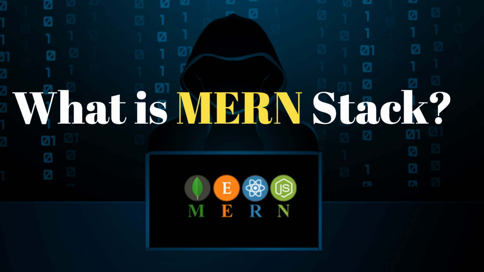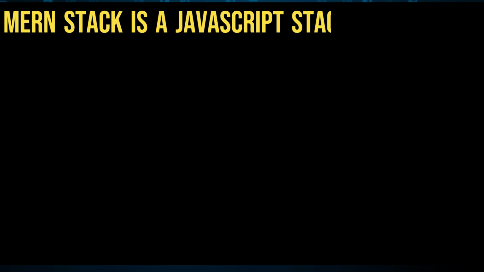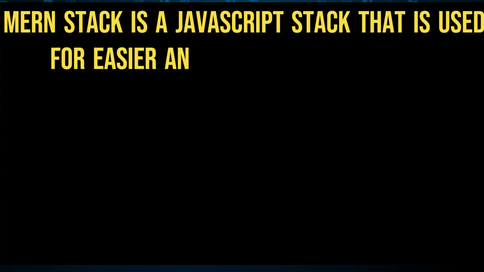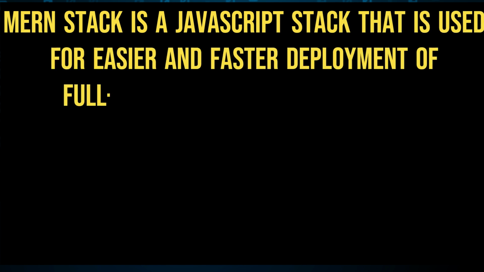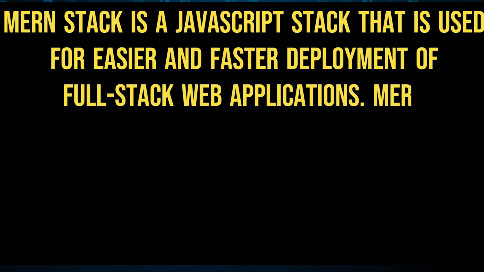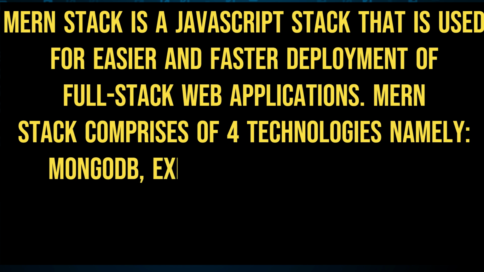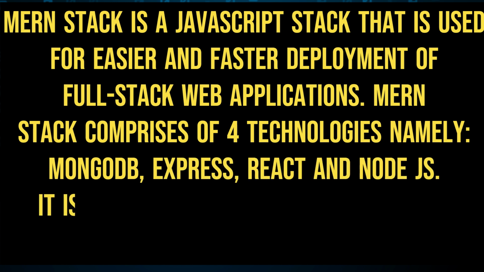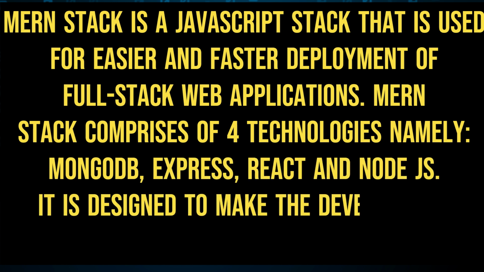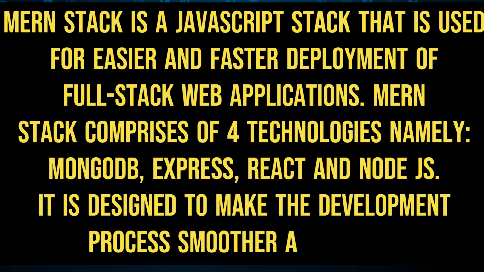What is MERN Stack? MERN Stack is a JavaScript stack that is used for easier and faster deployment of full-stack web applications. MERN Stack comprises of 4 technologies, namely MongoDB, Express, React and Node.js. It is designed to make the development process smoother and easier.